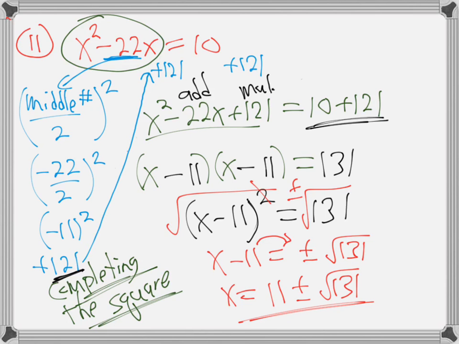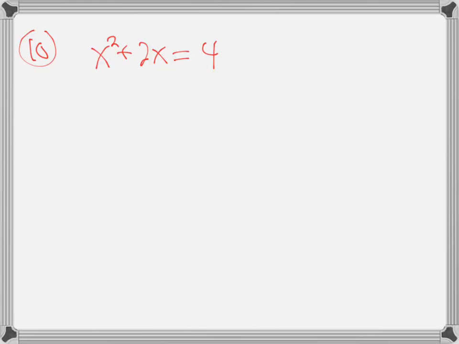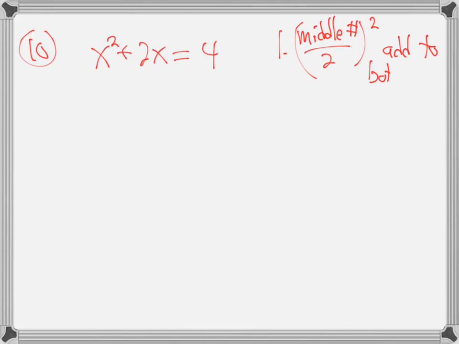All right, let's try one of these. So try this same process. Let me help you out. Step number 1, take the middle number over 2 squared, add to both sides. So step 1, add that to both sides.